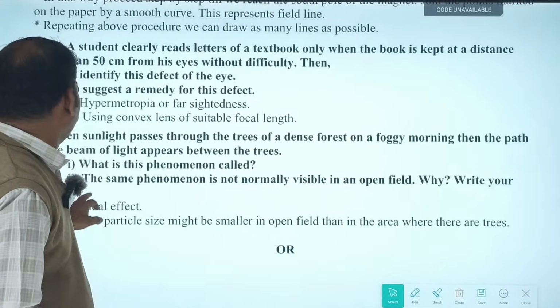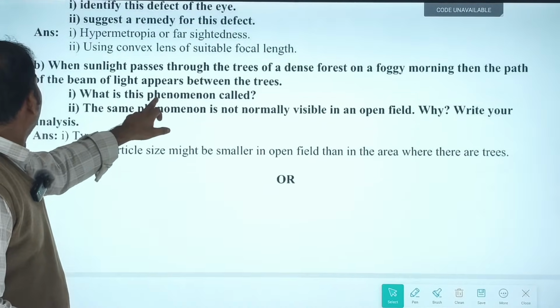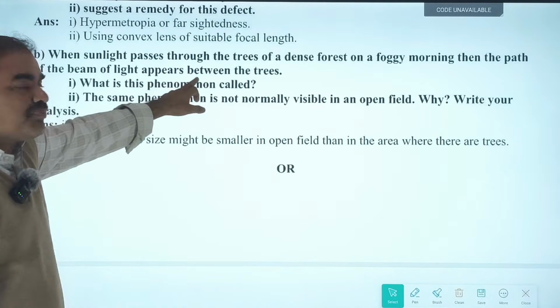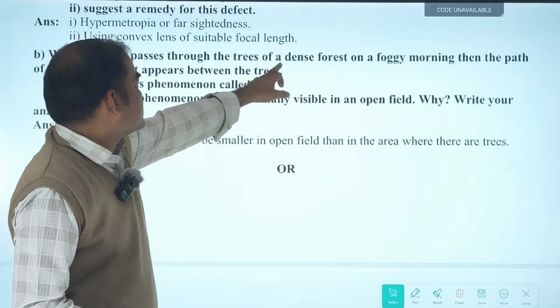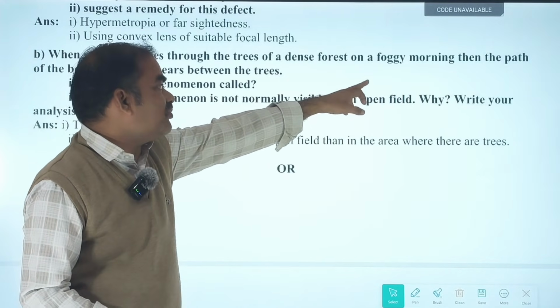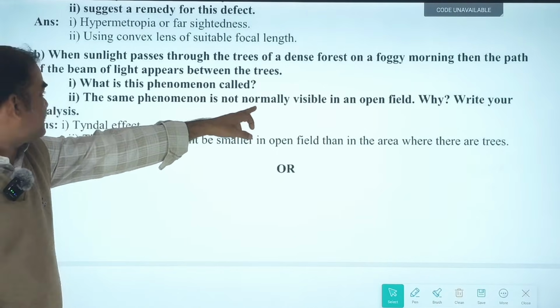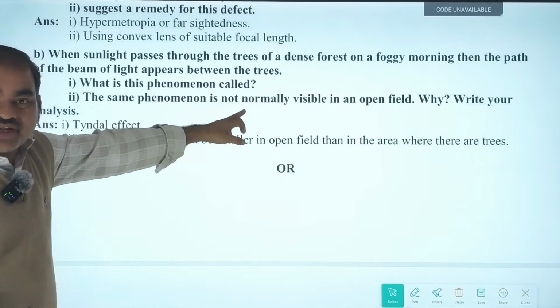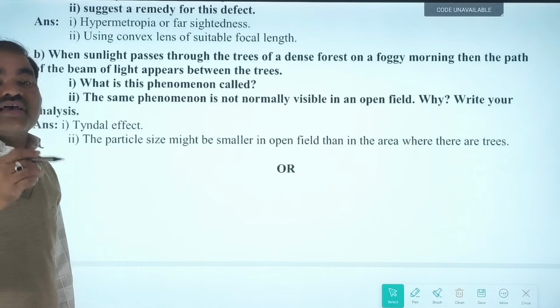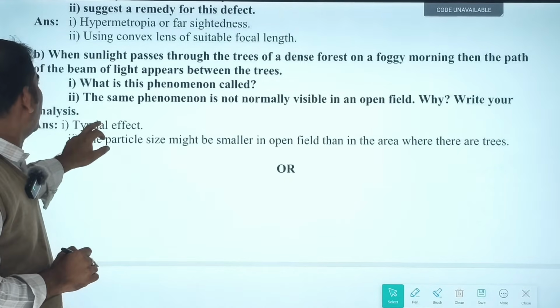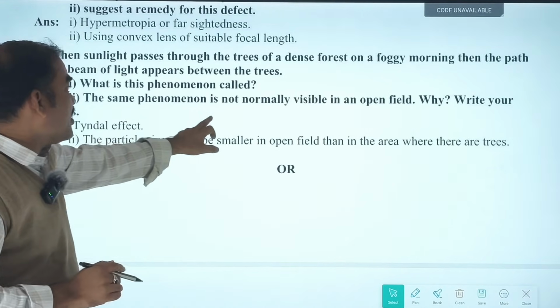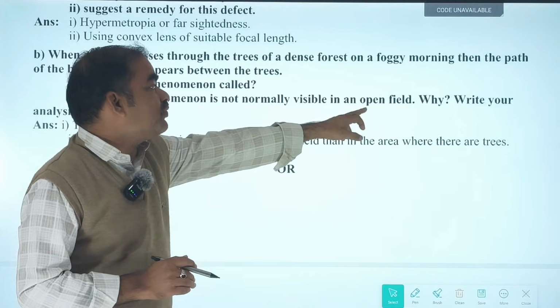Next, coming to question B: when sunlight passes through the trees of a dense forest on a foggy morning, the path of the beam of light appears between the trees. What is this phenomenon called? This phenomenon is called the Tyndall effect. The same phenomenon is not normally visible in an open field.